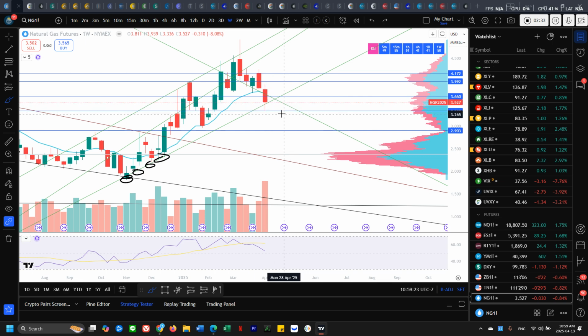I don't really like it as much up here as a bull due to us having a weekly downtrend here. The top of the move to the bottom of the move, that's one initial move, bounced, made a lower high and a lower low. So breaking parallel as a weekly downtrend.